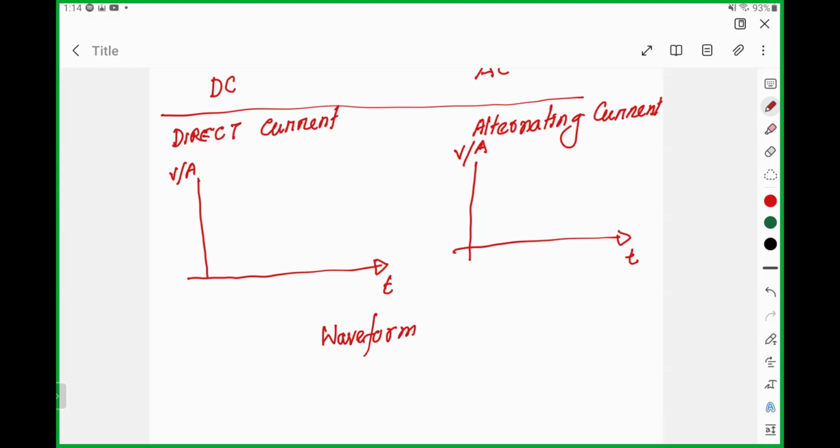Now, if I draw this graphical representation, what does it look like? Let's say I have a DC voltage, V DC, of 5 volt. And I have an AC voltage of sinusoidal representation, say 5 sine of theta. Okay. So AC, usually we use sinusoidal, right? This is because we are generating the signal in a sinusoidal form.